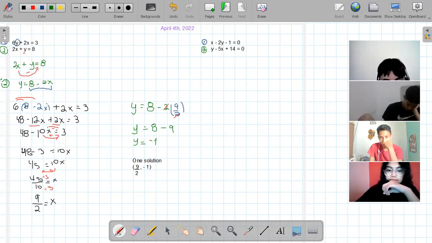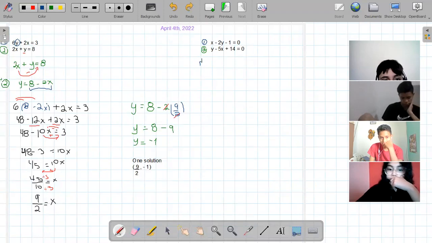Equation 1 or equation 2? I think probably 1. Equation 1, okay. What variable would you leave completely alone? X. X, okay.